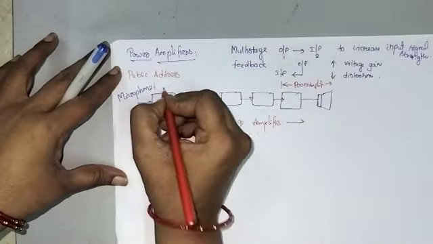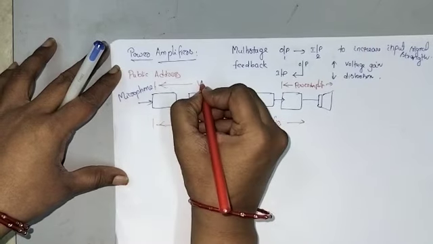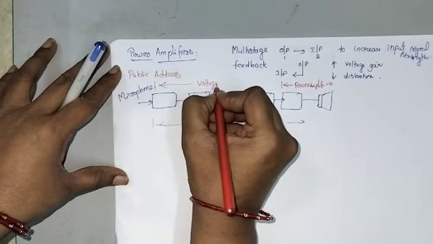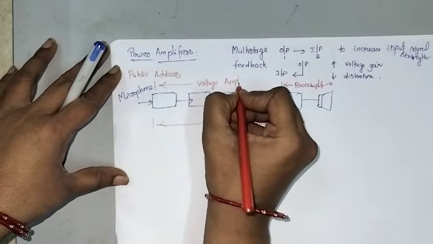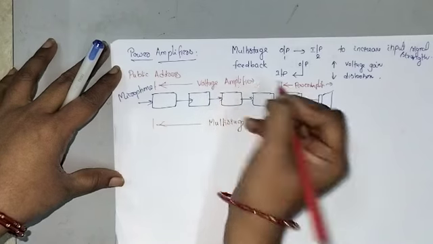The input stage and the intermediate stages are called voltage amplifiers. Okay.